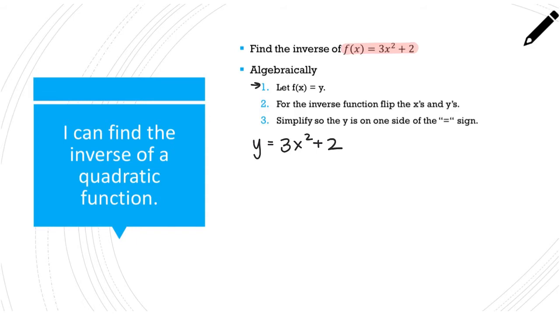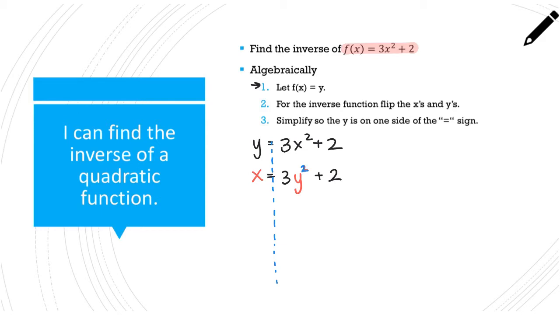It's easier. The second step is I'm going to rewrite everything exactly the same, except for, like yesterday, I am going to switch my x's and my y's. Okay? Now, just like yesterday, my third step is to solve for y, but this doesn't necessarily come as easily this time because we have that squared thing happening here.